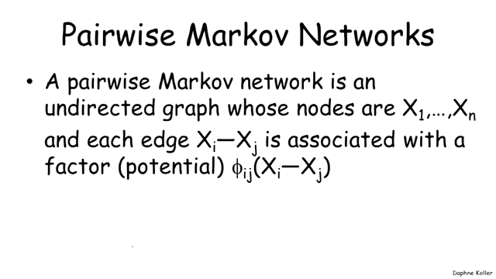Okay. So with that definition, with that intuition, we can now go ahead and define a pairwise Markov network. And I'm defining it explicitly because pairwise Markov networks are sufficiently commonly used as a class of general Markov networks that it's worth giving them their own place. So a pairwise Markov network is an undirected graph whose nodes are the random variables x1 up to xn.